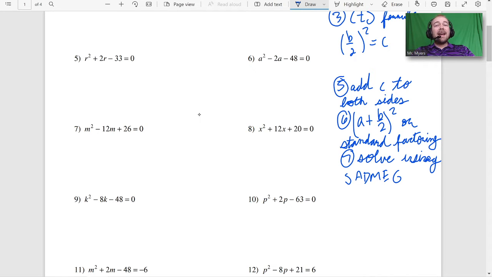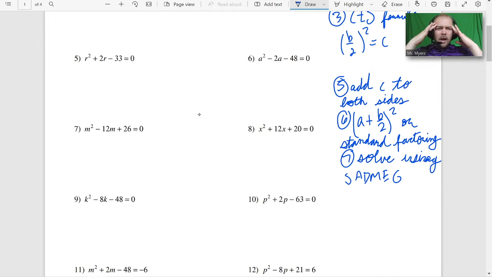I like SADMEG because Meg is short for Megalodon. Or maybe you know somebody named Meg and you can imagine them sad. Whatever word picture helps you, whether a Dr. Seuss character being sad, a shark being sad, or a friend named Meg being sad.